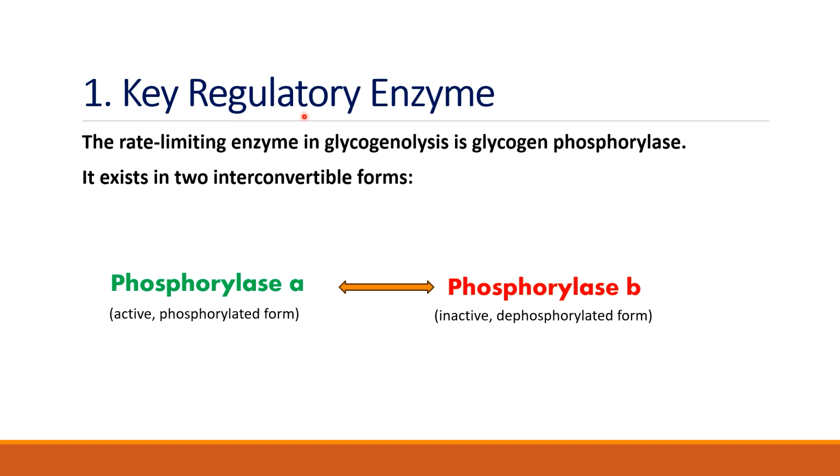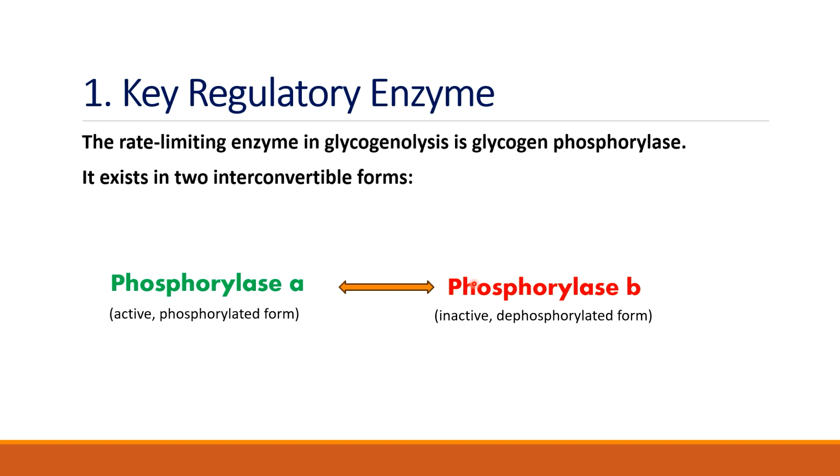First one is key regulatory enzymes. Mainly the glycogen phosphorylase, that is the rate limiting enzyme in glycogenolysis, and it exists in two interconvertible forms. We have phosphorylase A, which is the active form, the phosphorylated form, while we also have the inactive form phosphorylase B, the dephosphorylated form.